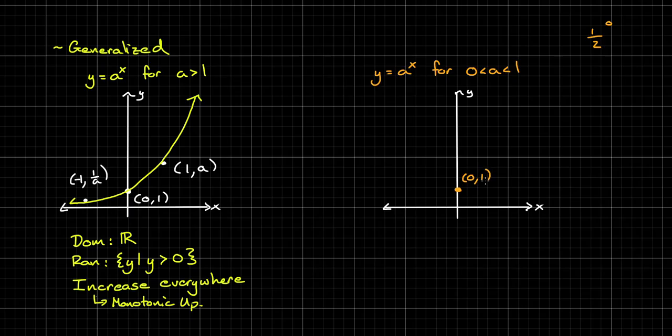If I were to plug in a 1 into this example with 1/2, it spits out 1/2 to the first power, which is 1/2. So all of a sudden, what we see is that this ordered pair is now (1, 1/2).